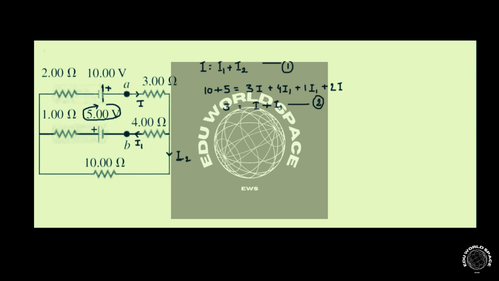Now let's look at the bottom loop. This has only one battery of 5 volts, so on the left hand side 5. Now as you move along, there is a 1 ohm resistor that has current I1, so 1 times I1. There is a 10 ohm resistor that has current I2 but against the loop, so minus 10 times I2.